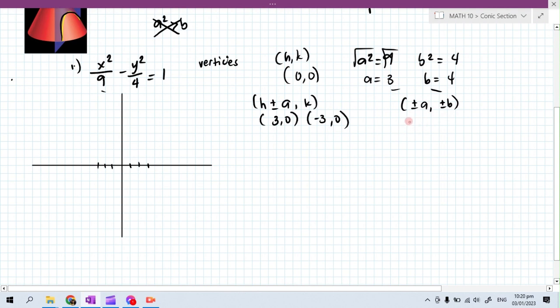Thus the points for our asymptotes are (3, 4), (negative 3, 4), (negative 3, negative 4), and (positive 3, negative 4).